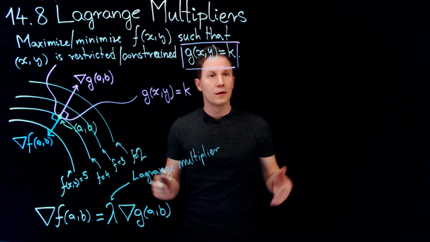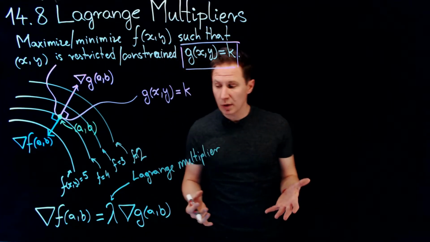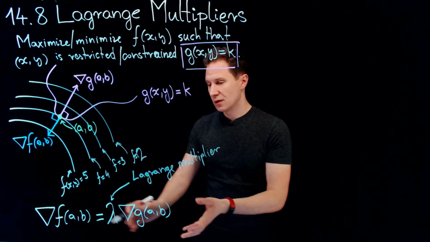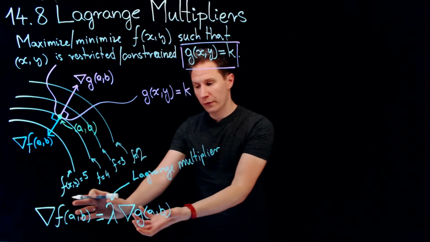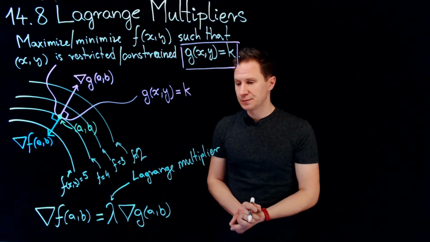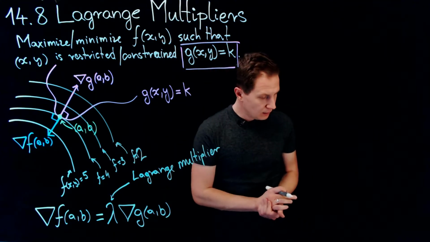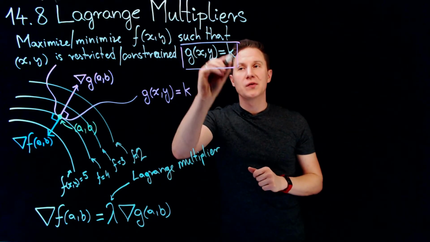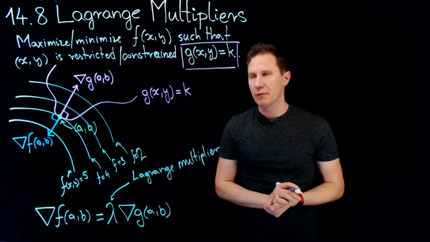The method of Lagrange multipliers basically consists of finding solutions to this equation of gradient vectors, keeping in mind that we have this restriction on the x and y values.